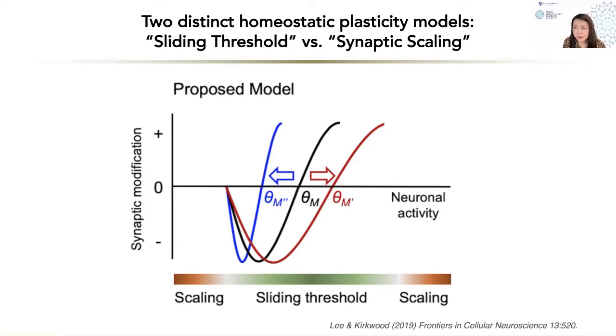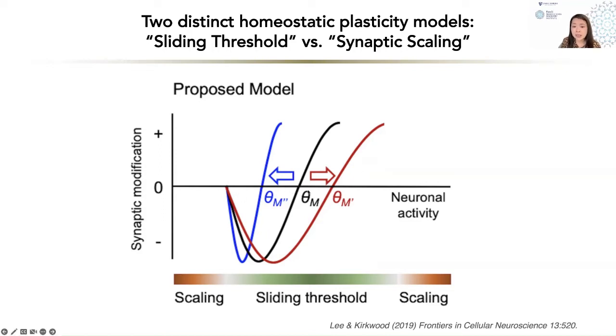So if the neurons have been silent for a while, in the original model proposed by Leon Cooper's group, suggested hours to days, then this threshold will slide down when there's less activity, such that the LTD range shrinks and you can induce more LTP to compensate for lack of activity, because now some of the synapses will cross this lower threshold to become stronger so they can drive the neurons to recover their activity.